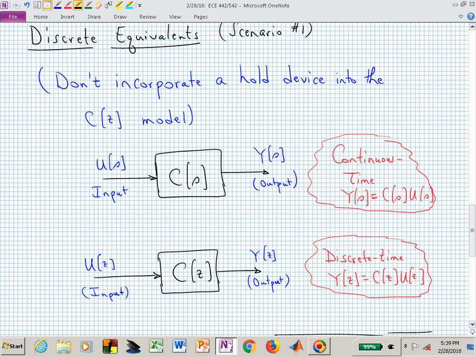Maybe it's some fourth order Butterworth filter, and you want to realize that in a collection of difference equations or in a difference equation formulation. We want to figure out, if somebody gives you a C of s, how do we produce a C of z? That's our discrete equivalent.